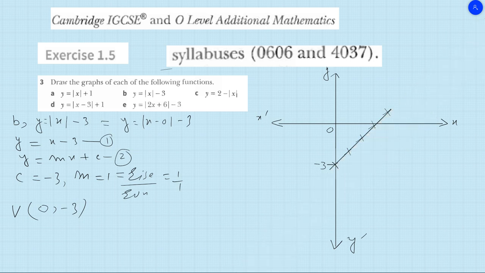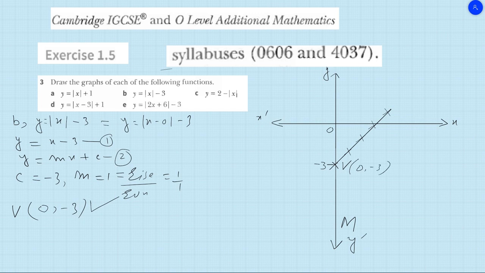Now what is our vertex? Our vertex is (0, -3). So this is our vertex. So this vertex line is also the mirror line. So we have to reflect all these points, because this vertex point (0, -3) is on the mirror line.